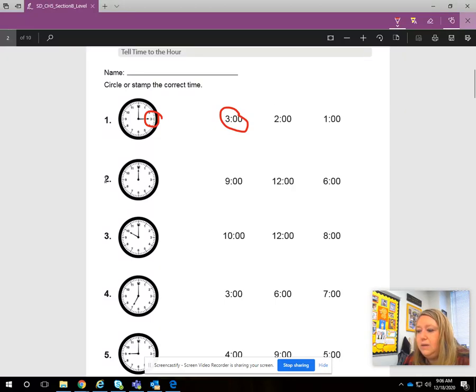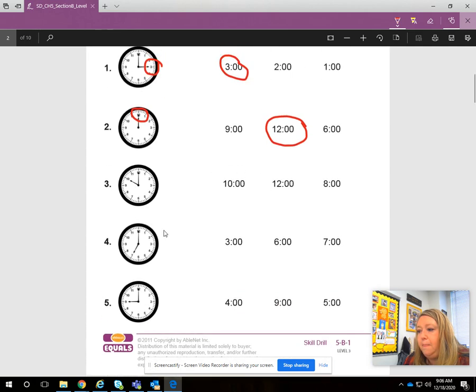The next one down has both of them pointing at the 12. Do you see that one? That one's a little bit special. That makes it 12 o'clock, which we also call 12 noon or midnight, right? So here's 12 o'clock. Number 3, we have a 10 o'clock.